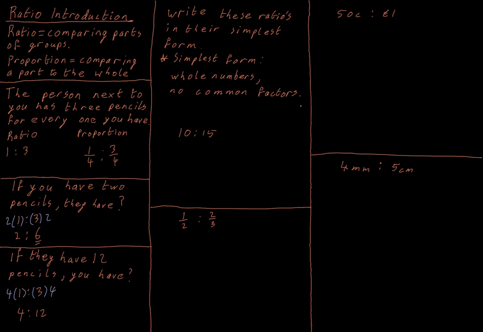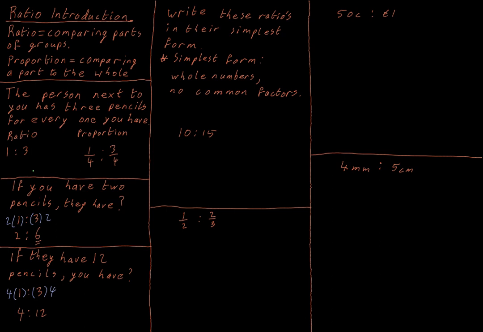And we shouldn't have any common factors. So this would be the ratio in its simplest form. This would not be, because in 2:6, 2 is a common factor of 2 and 6. So we'd want to divide that out to get back to the simplest form, which would be 1:3. These are whole numbers that don't have any common factor.